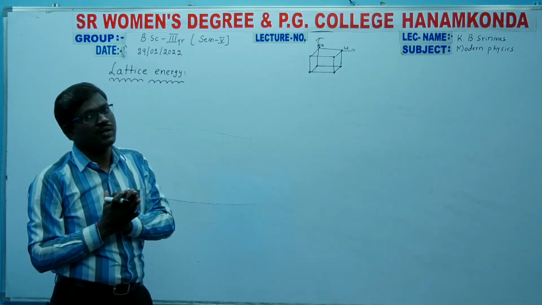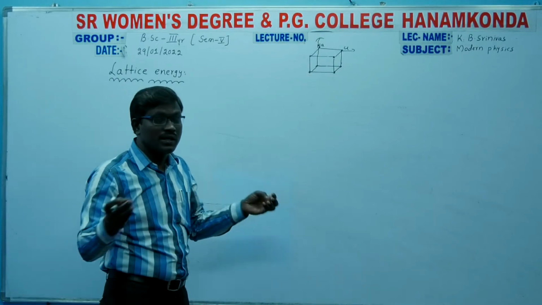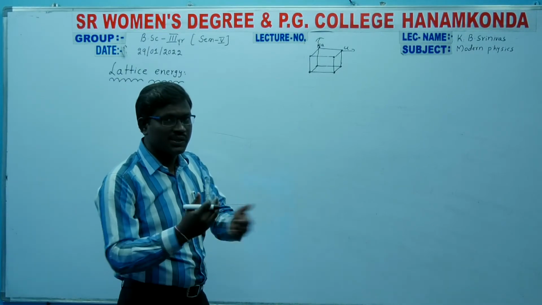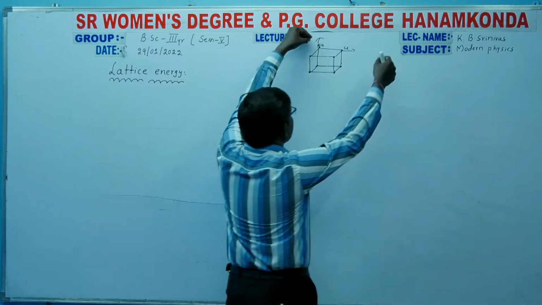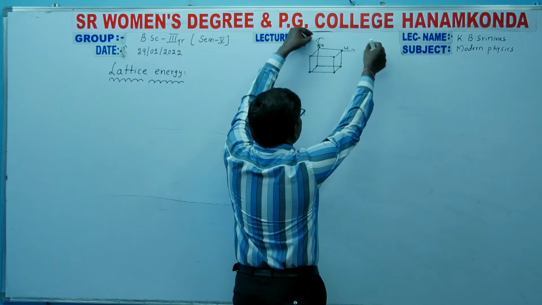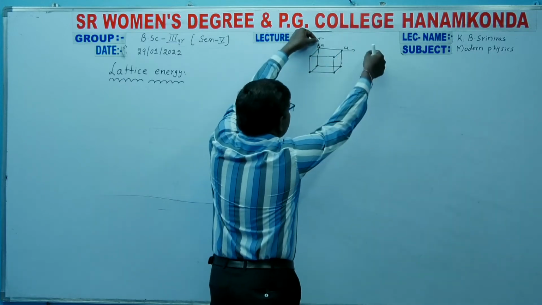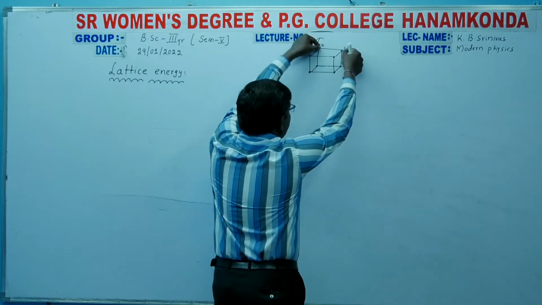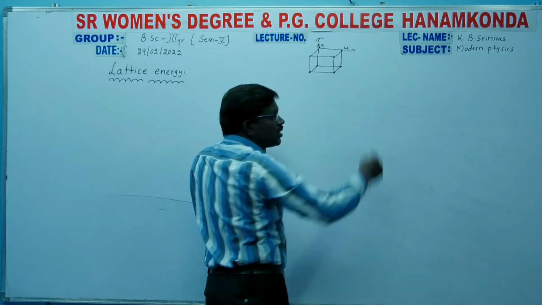Second definition for lattice energy: the energy required or energy released, the opposite definition. Energy released when ions are placed at their relative positions in the crystal. While we are placing these ions at these points, some energy will be liberated.